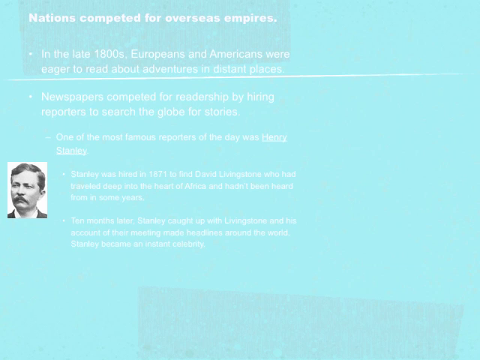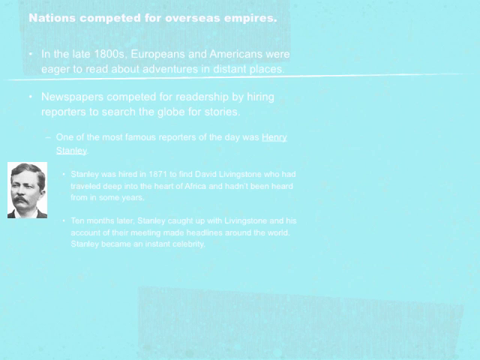There was a guy named Henry Stanley who was a reporter and a journalist, and they sent him into Africa, and he went into areas of Africa that almost all Europeans and Americans were unfamiliar with, and eventually he wrote that he found Livingstone, and he got people really interested and excited about Africa, and it became a place that people saw as very exotic and interesting.